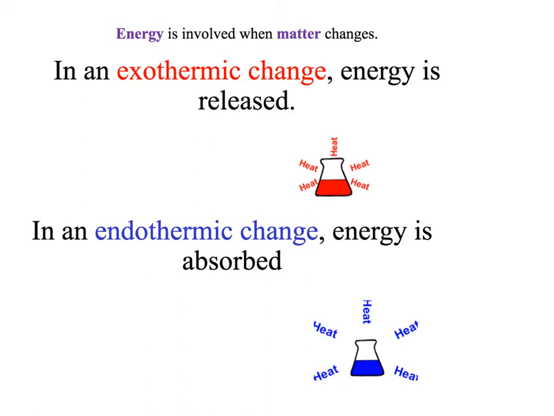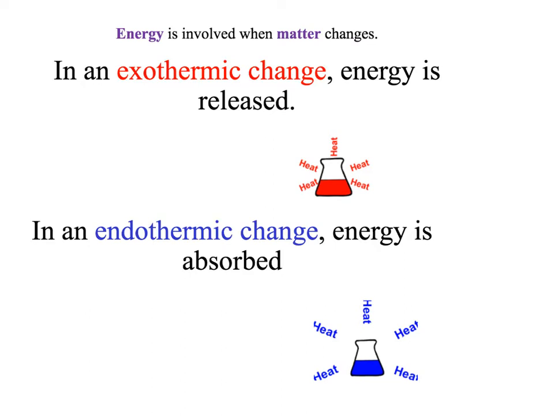All energy changes are either exothermic or endothermic. So when chemists are studying the changes that matter undergoes, they're often looking at whether there's an exothermic energy change or an endothermic energy change associated with that change in matter.